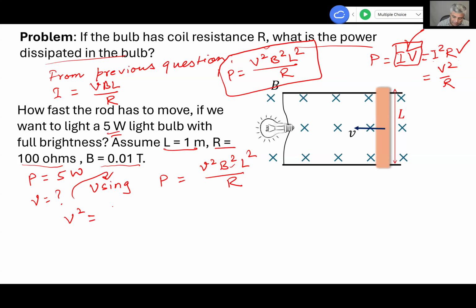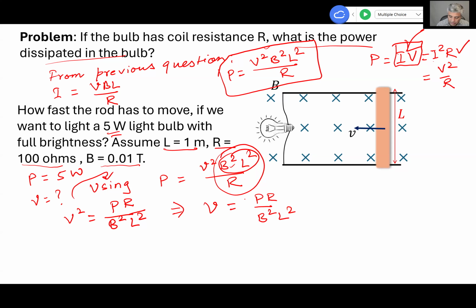So v squared is going to be P times R over B squared times L squared. I'm just rearranging this. R goes here on the top, and these two come down here on the bottom. So we know everything. What is v then? v is the square root of PR over B squared L squared, which means 5 times 100 times 0.01 squared.